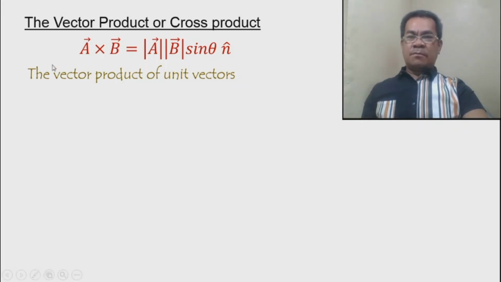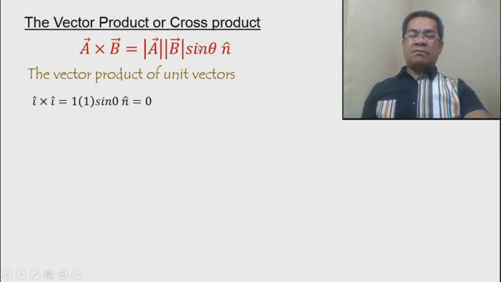Now, what about the cross product of the unit vectors? For example, what is I cross I? Use the formula. This is the basic formula of the cross product. A cross B means take the magnitude of A, then multiply it by the magnitude of B. Then you have to take sine. Why sine? Because the perpendicular component is our concern.